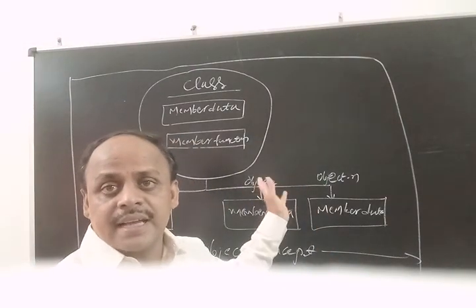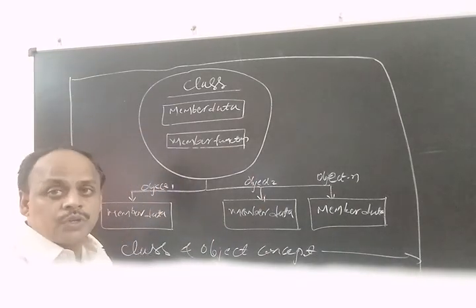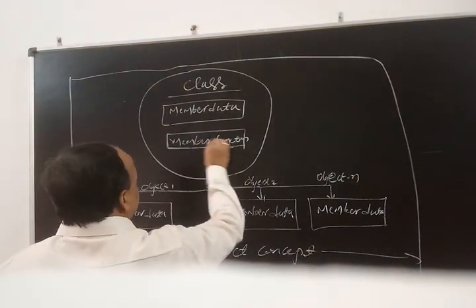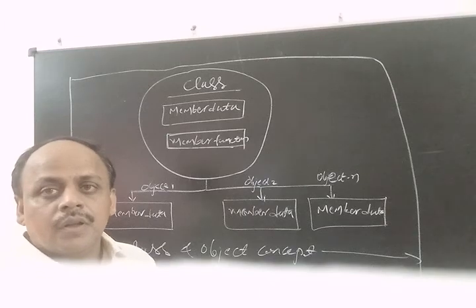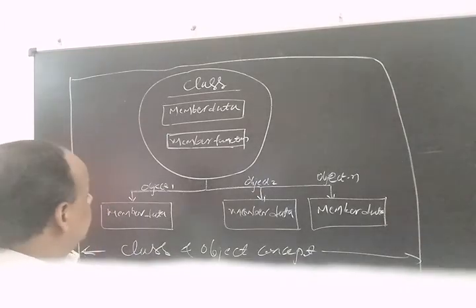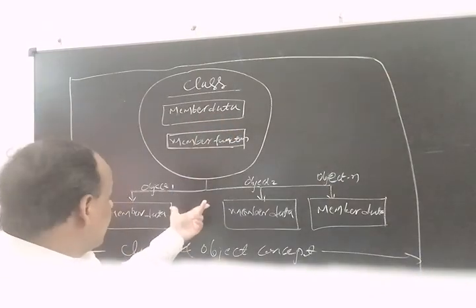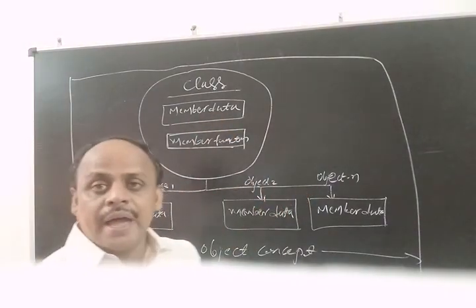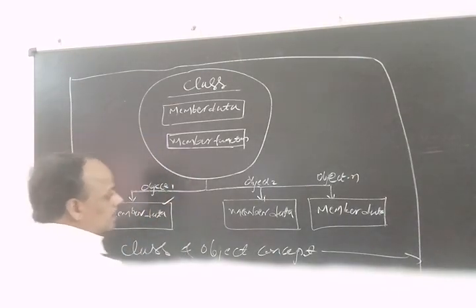Suppose a class has n objects, then all the objects are going to share this common member function, whereas the member data is separate: each object is going to have its own separate copy of member data.